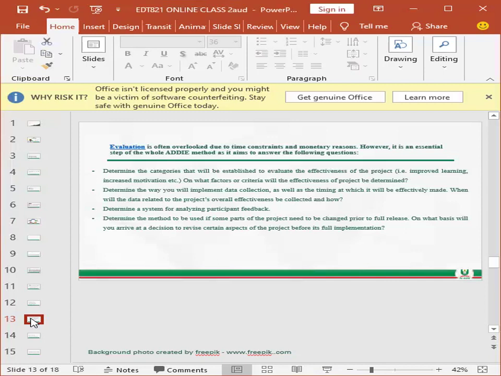And also determine the method to be used if some parts of the project need to be changed before full release. Or on what basis will you arrive at the decision whether to revise a certain aspect of the project before it is a full implementation?